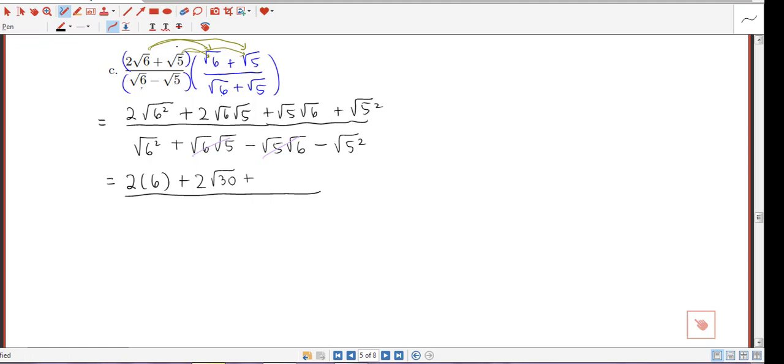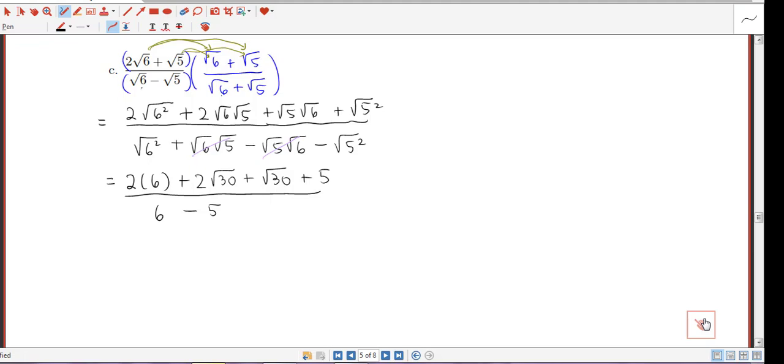Hold on. Square root of 5. Oh, no, this is good. Sorry. And then what? This guy is what? Square root of 30. And then here you're going to have plus square root of 5 squared, which should be just 5. And whole thing over square root of 6 squared is 6. Cancel, cancel. And then minus square root of 5 squared should give you just a 5.